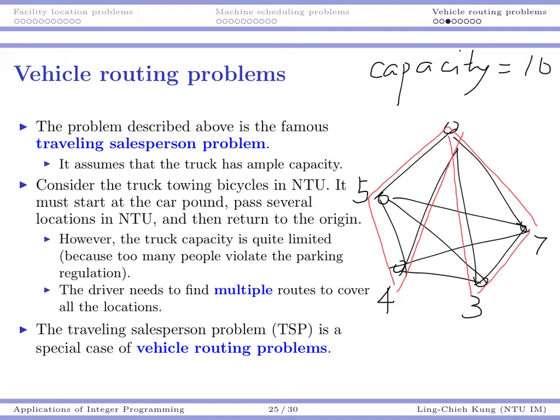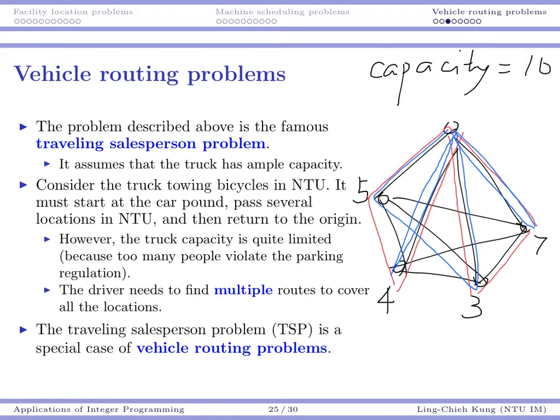Or alternatively, you can say probably due to some special structures of your network, this is your first route, and then you go to 4 and come back directly, and then you go to 7 and come back directly. That's also possible. So when your truck is of limited capacity, this problem is of course harder, right?